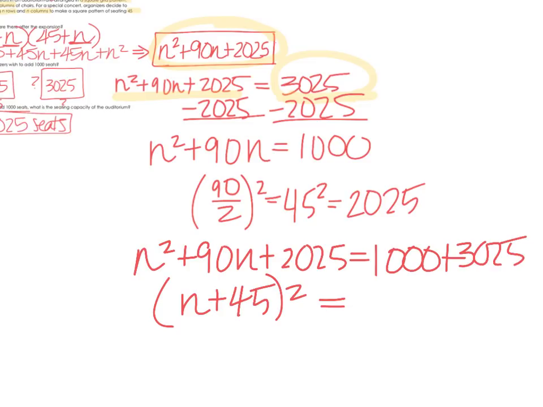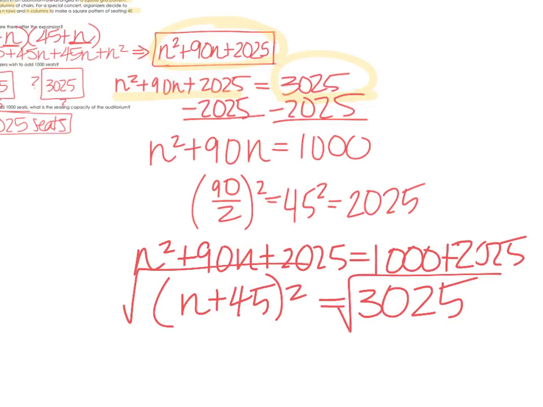We're adding 2,025 to both sides, not 3,000. So then we end up with 3,025. Take the square root of both sides. So we get n plus 45 equals plus or minus 55, because the square root of 3,025 is 55.